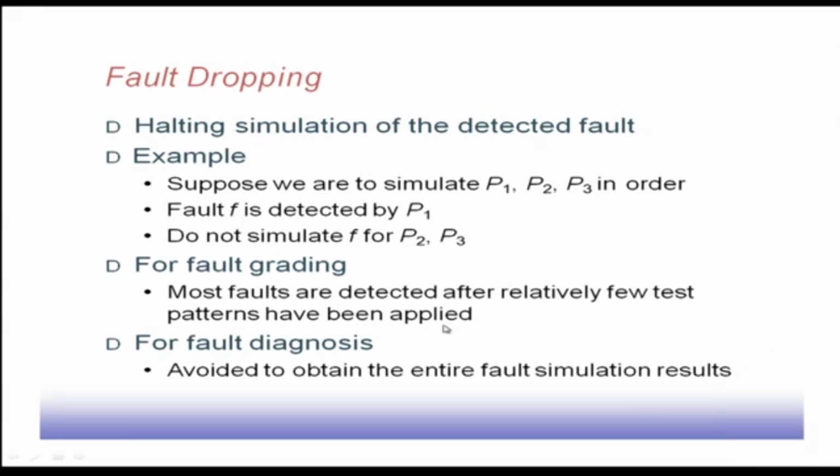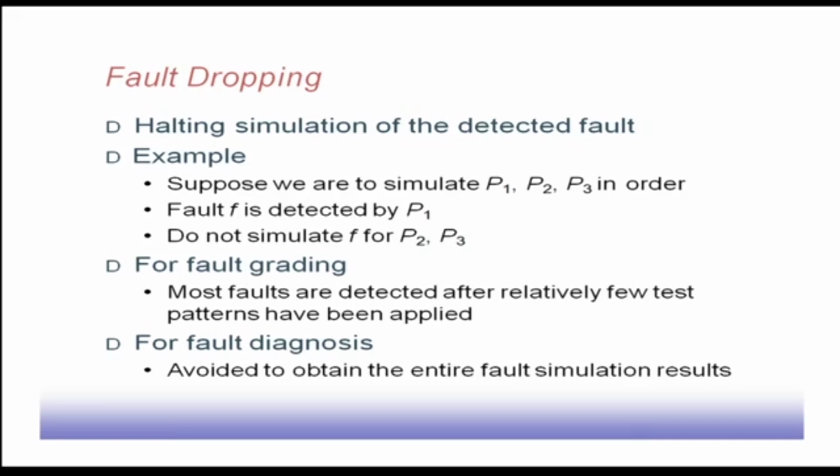This is a general observation: if you have a circuit and you look at successive test patterns and their detection of faults, initially as you increase the pattern set size, the fault coverage increases rapidly, because many of the faults in the circuit are random pattern detectable faults, which any random pattern can detect. We will come to this issue later.